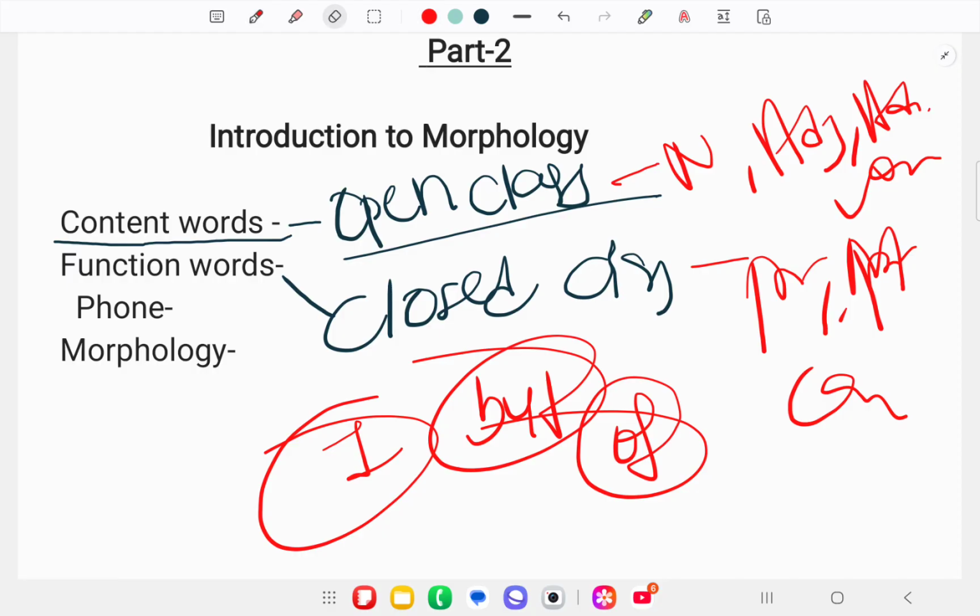Next we will discuss the perspectives of the Indian grammarians about the language system.